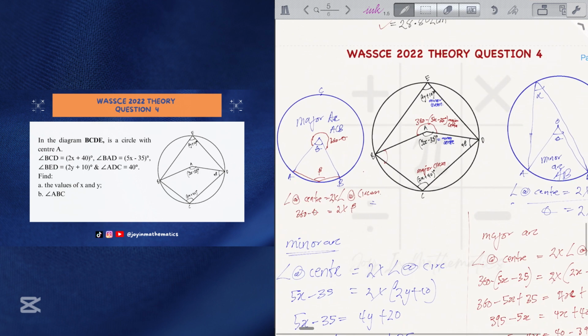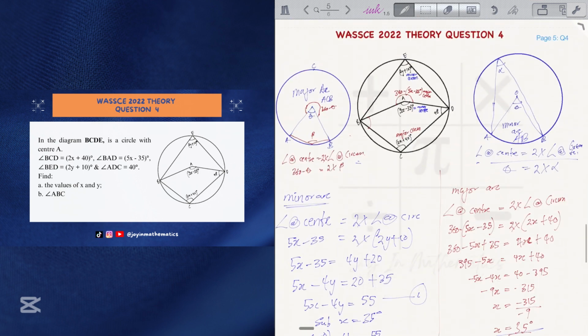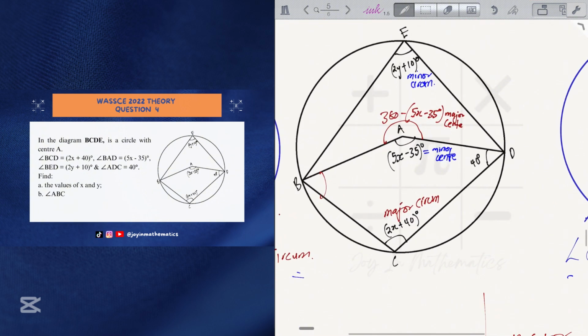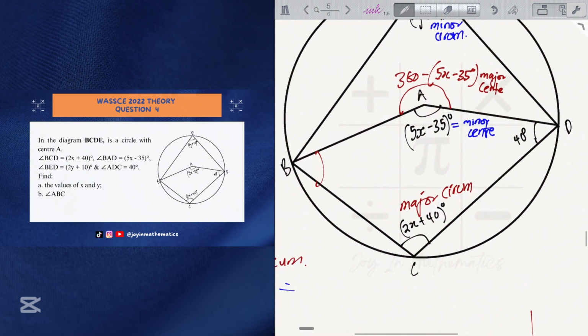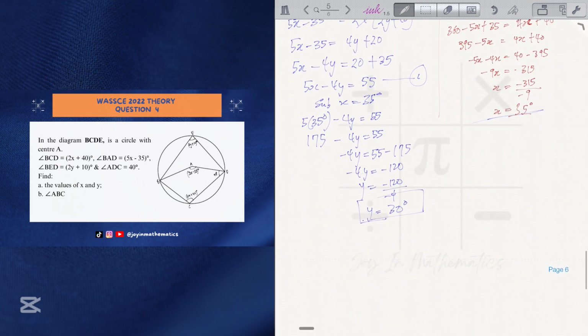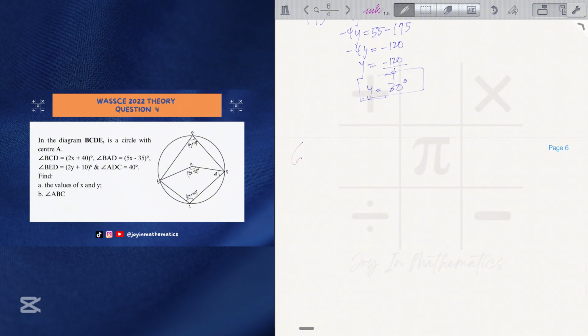So in view of that, let us now consider this and simplify further. So we are saying that 5x minus 35 degrees plus 40 degrees plus 2x plus 40 plus, let's call this angle A, plus A is equal to 360 degrees. So let's look at the question now.